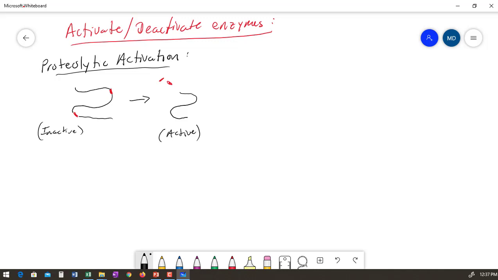Another way to activate an enzyme is through what's called an allosteric activator. In an allosteric activator, we have an enzyme, let's say it looks like this. On the back side of it, it has this little bump. And right now, this enzyme is inactive.